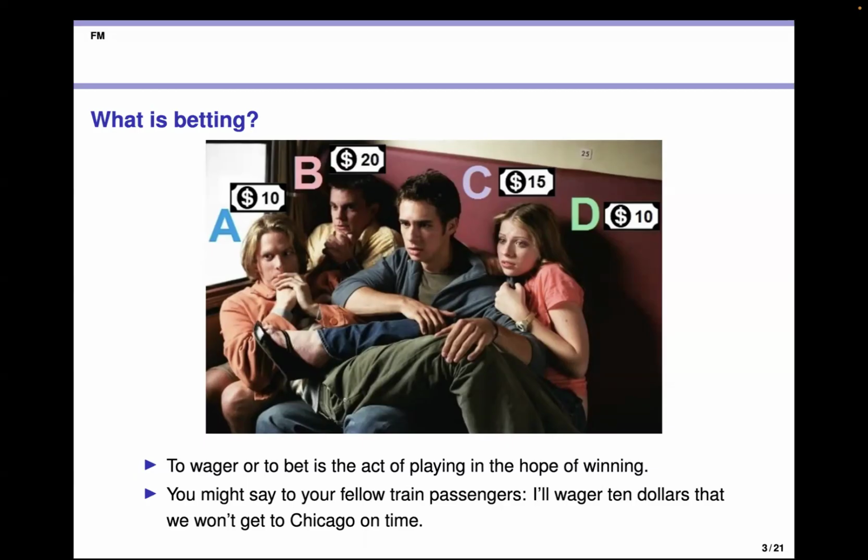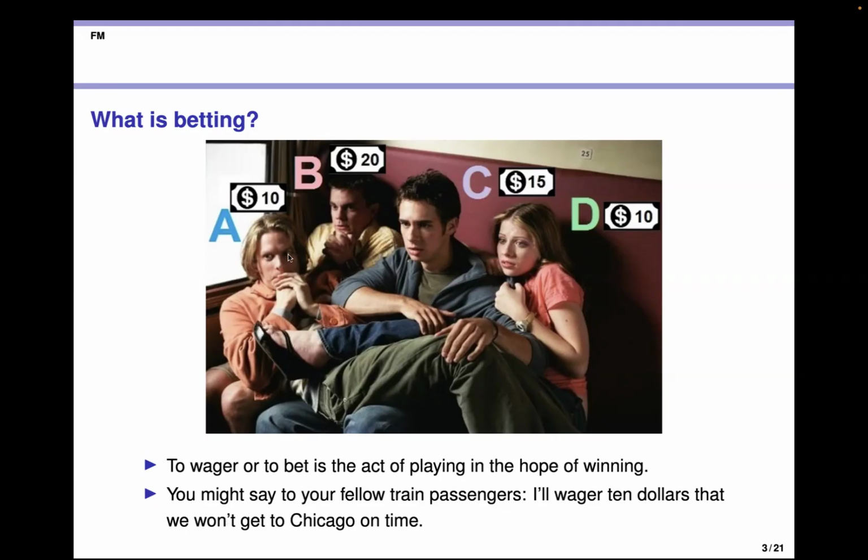In my example, the passengers A and B wager that they would not get to Chicago on time, but the passengers C and D wager that the train will manage to get to Chicago on time. Understand? Yes, the situation.